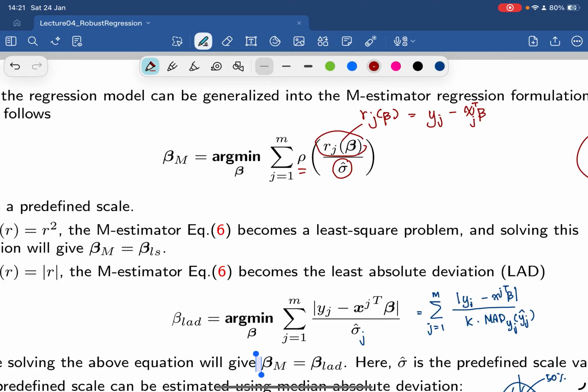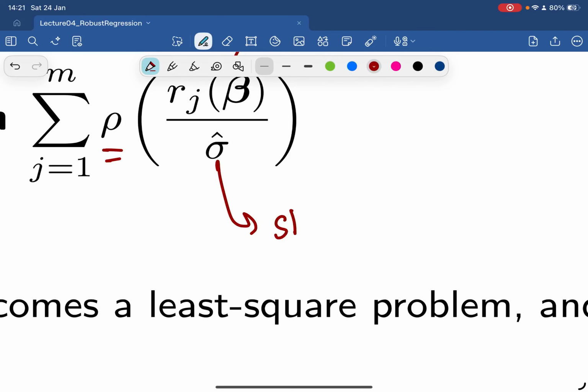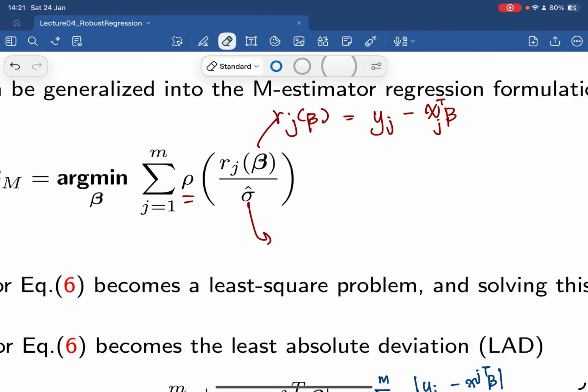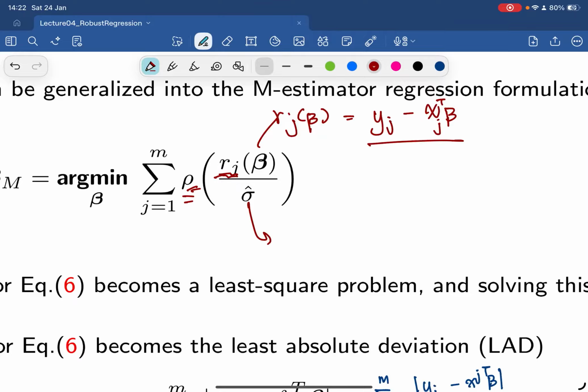The thing is, this sigma is signifying the standard deviation. Not standard deviation, sorry. If Rj is the L2 norm, or maybe if this rho function returns this Rj residual into L2, then this sigma will be the standard deviation.